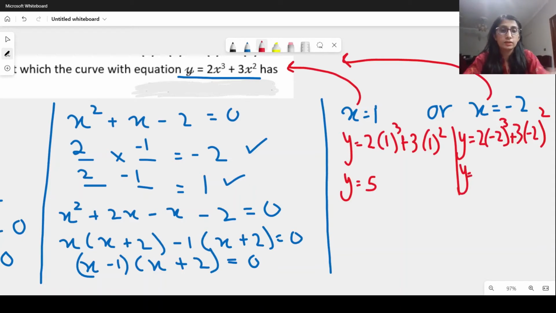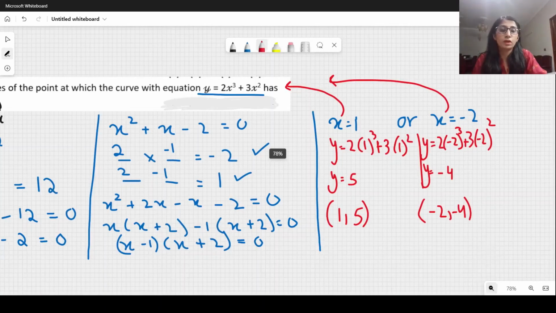What does that get us? 2 times minus 2 whole cube plus 3 times minus 2 whole square. That gives us minus 4. So the answers are the two coordinates of the stationary points are 1, 5 and -2, -4.